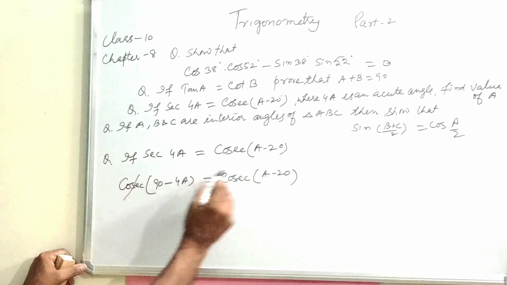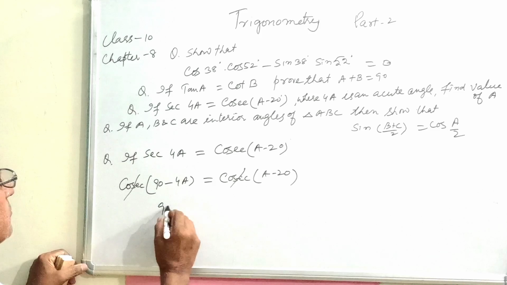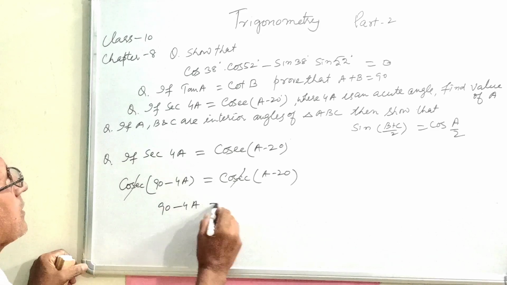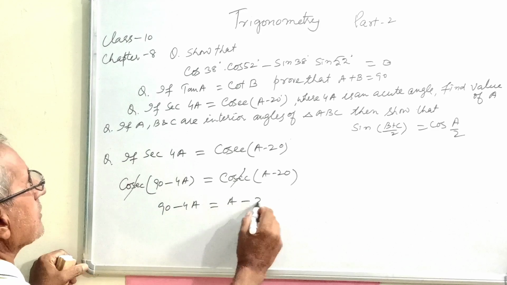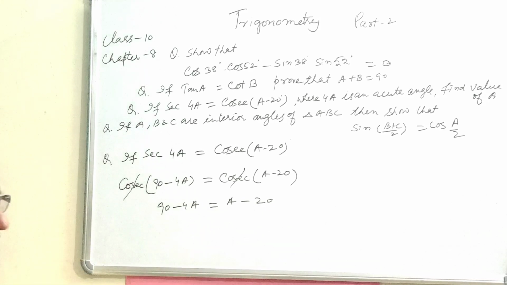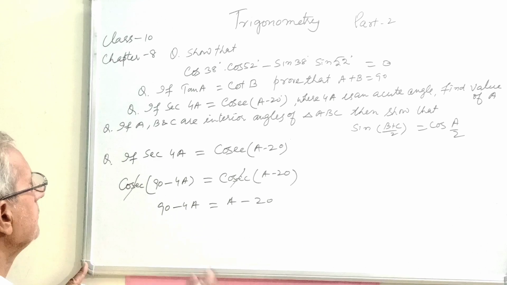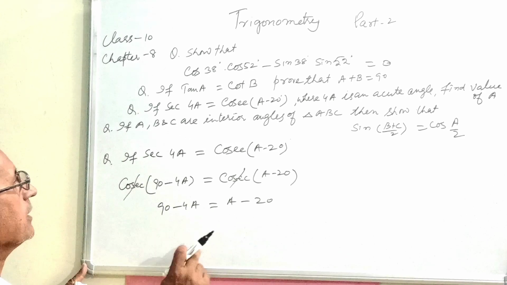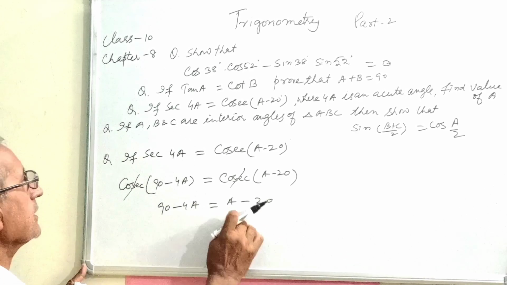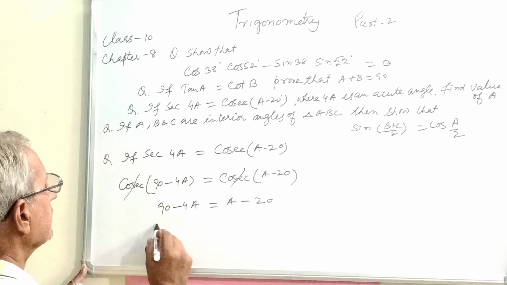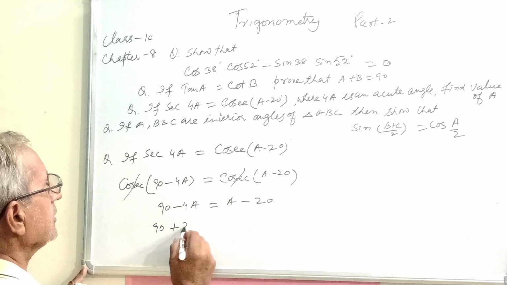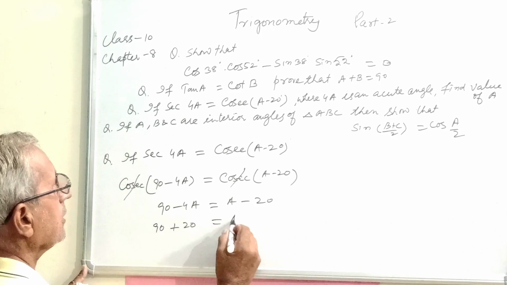So I have cancelled cosecant. 90 minus 4A is equal to A minus 20. So take A on one side and the other on the other side. So 90 plus 20 degree is equal to A plus 4A.